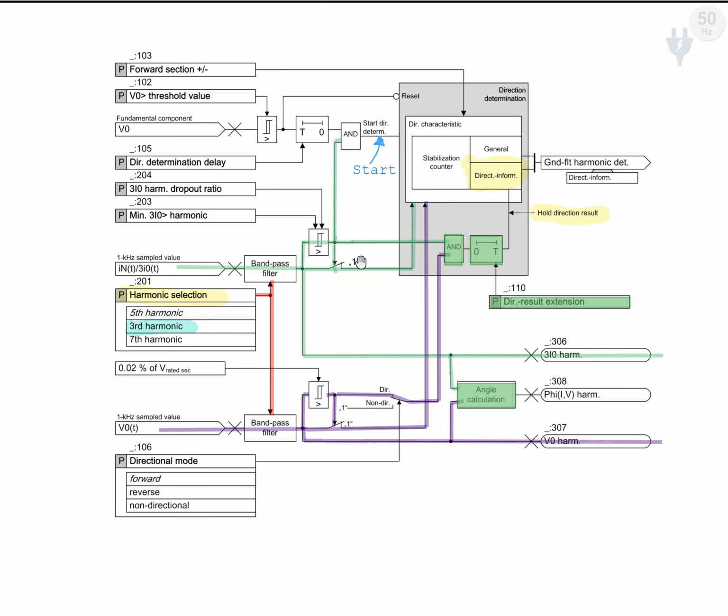Sometimes our system operates not according to what we want, so we can determine why this function works.